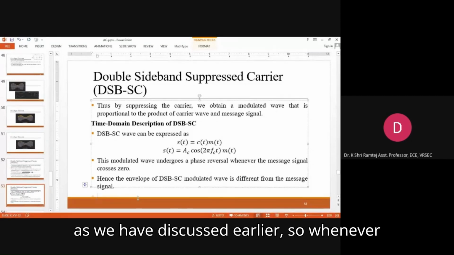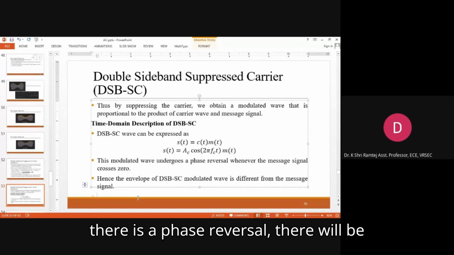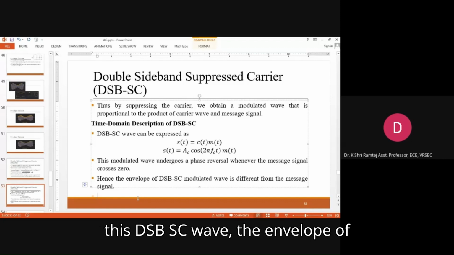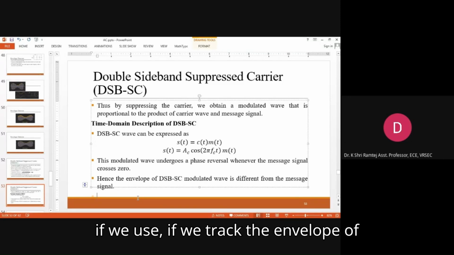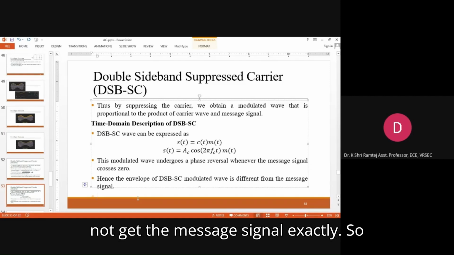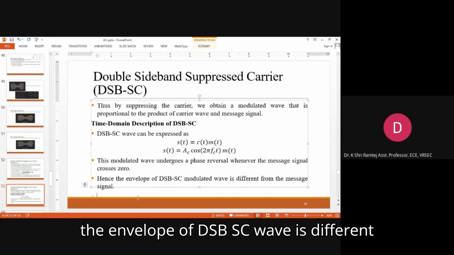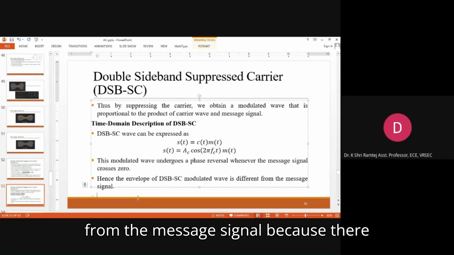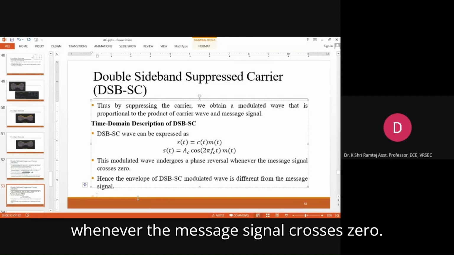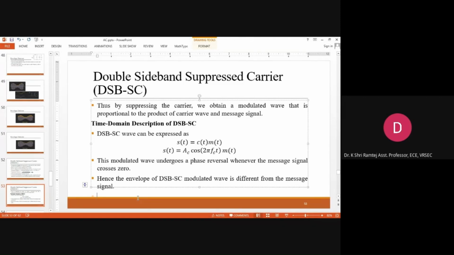As we discussed earlier, whenever there is a phase reversal, there will be some envelope distortion, so if we track the envelope of the DSB-SC wave, we will not get the message signal exactly. The envelope differs because phase reversals occur whenever the message signal crosses 0.